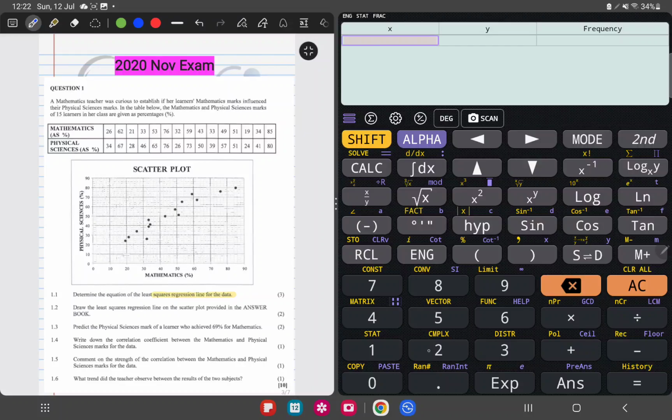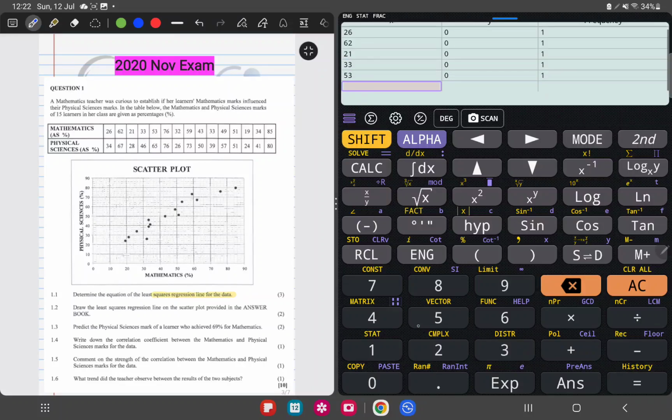So I'm going to start with maths, which is 26, 62, 21, 33, 53, 76, then 32, then 59, and 43, 33, 49, 51, 19, 34, and 85.